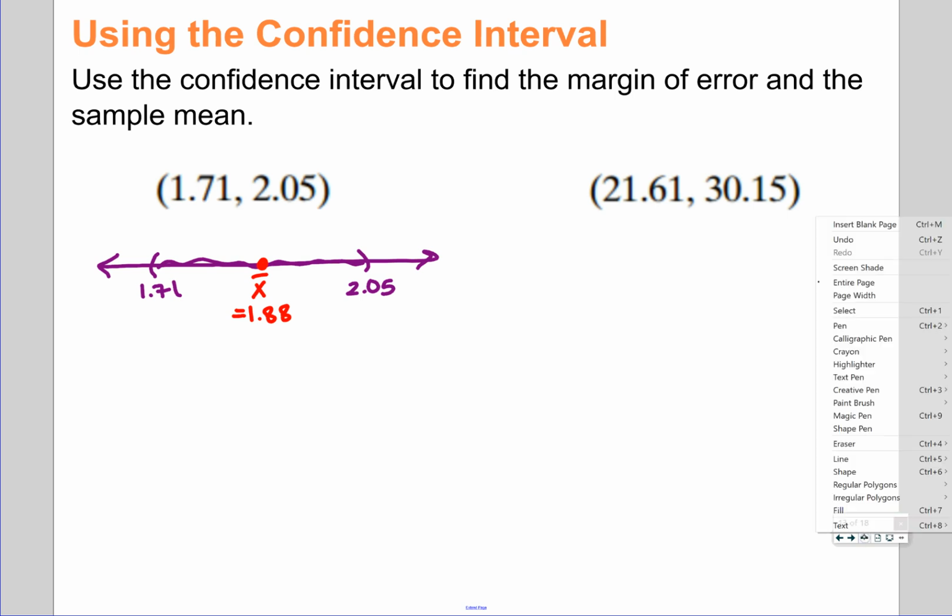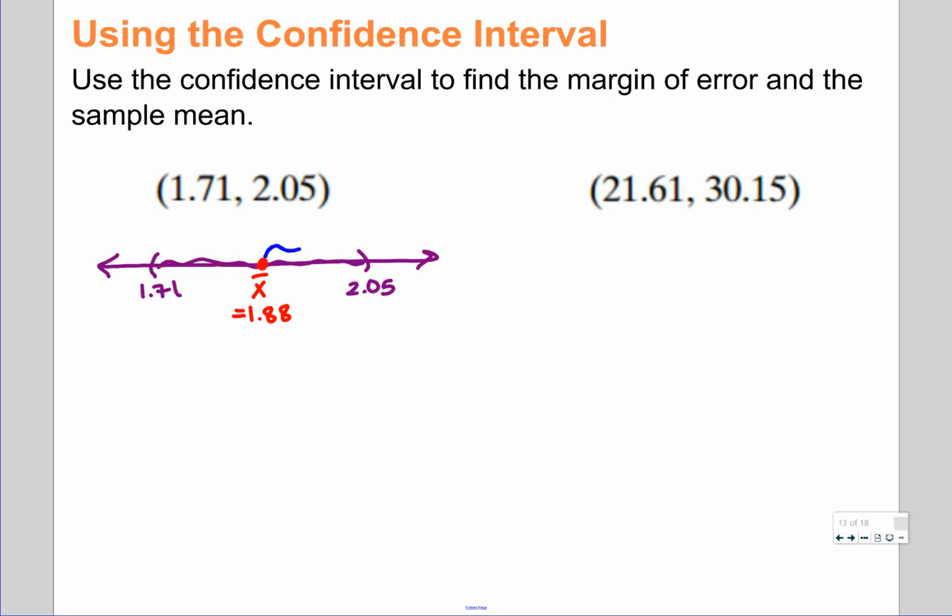The other thing that we need to find is the margin of error. And remember, the margin of error is what we added and subtracted on to that sample mean to get the ends of the interval. So E, the margin of error, actually shows up twice in this picture, in this interval. So there's a couple different ways you can calculate it. You can find the difference between the lower end of the interval and X bar, so the difference between 1.71 and 1.88, or you could do the other side, 1.88 and 2.05.